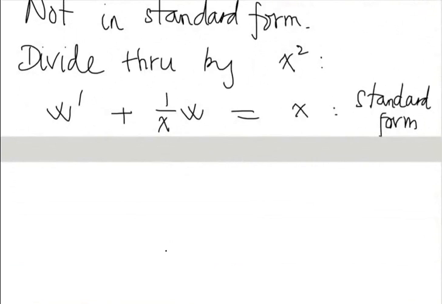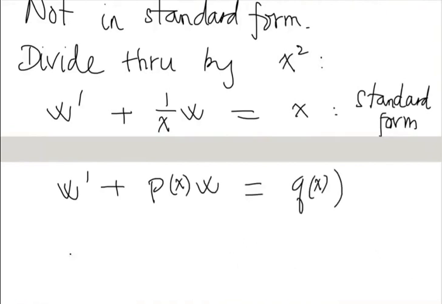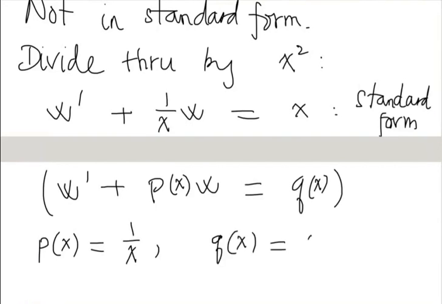Now recall one of the previous topics in the chapter about first order equations. We have a first order linear equation in standard form: w prime plus P of x w equals Q of x. Here our unknown is w, so I write the equation in this form. P of x is 1 over x and Q of x is just x.